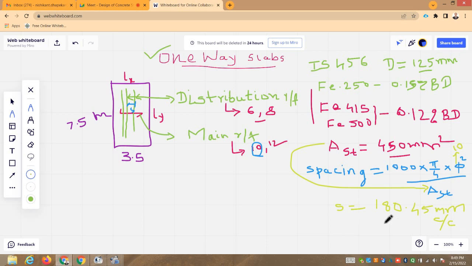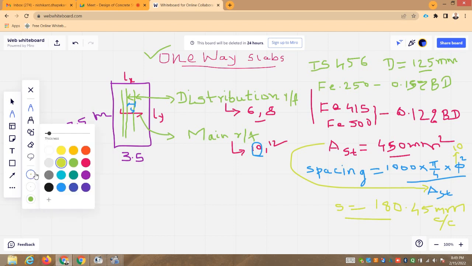It is the spacing. Pi by 4 is 0.785. It is coming around 180.45. So you are getting the spacing now as, suppose, 180.45.